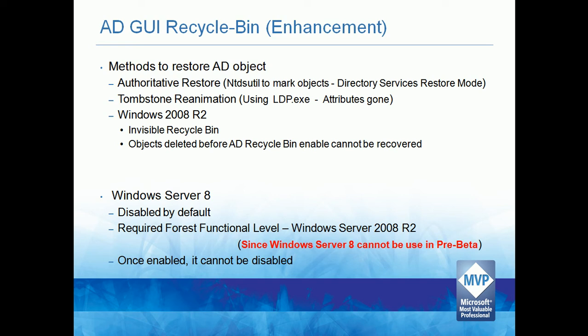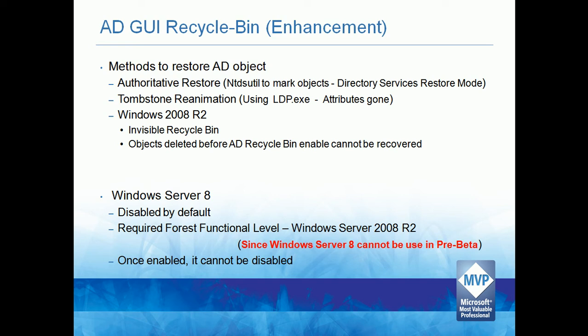Using NTDSutil, I can mark this object, say a group, so that the USN number will be greater. So once it's up, you will be able to replicate it to the rest of the DCs. But the only limitation of this authoritative restore is that you have to take your AD offline. It means that your AD is down.